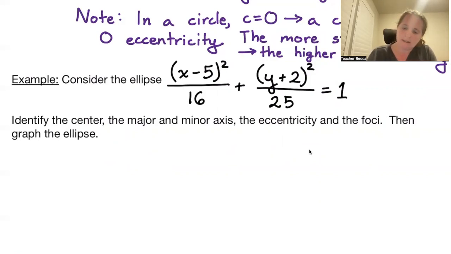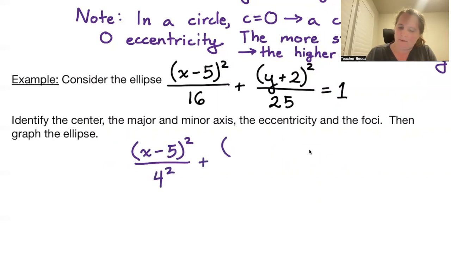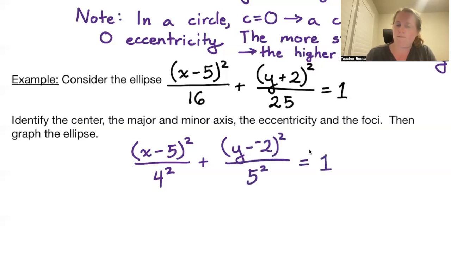So we have x minus 5 squared over 4 squared plus y minus negative 2 squared over 5 squared is equal to 1.